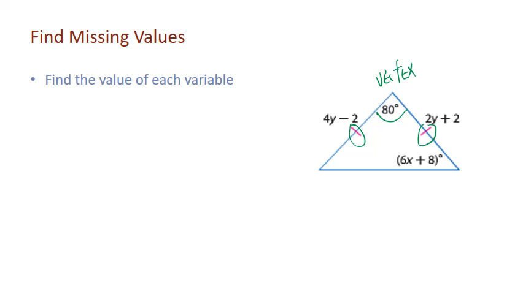And that would mean that these two angles here and here, which are opposite the two congruent sides, would be congruent angles in an isosceles triangle. So let's focus here on this angle first, which is equal to 6x plus 8.